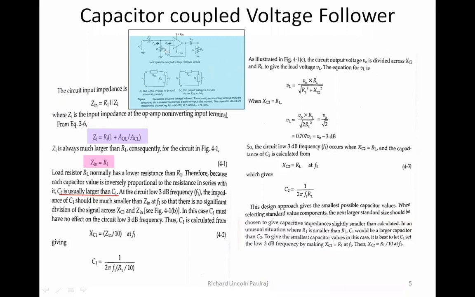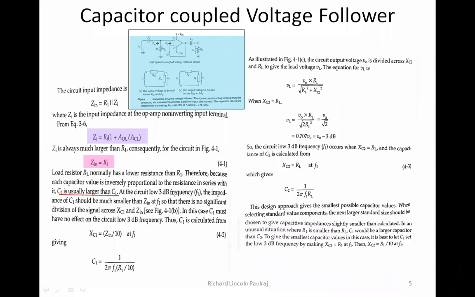R1 is big so C1 becomes small, and RL is small so C2 becomes big. It is a combination of R and C, not just dependent on R or C alone, so please keep this point in mind.